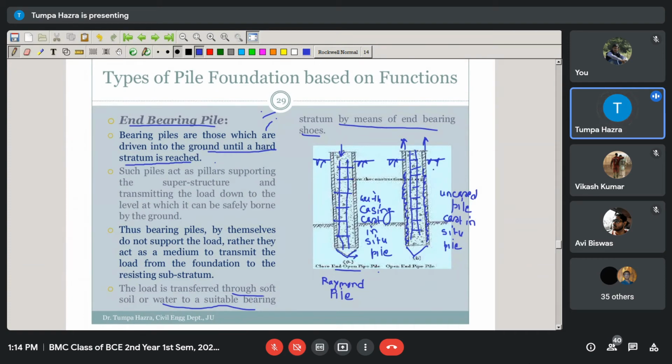The reinforcement will be there. The soil will act as the casing, and the casing made of metal will be withdrawn. This type of end bearing pile is known as uncased cast in situ pile. An example is the simplex pile.